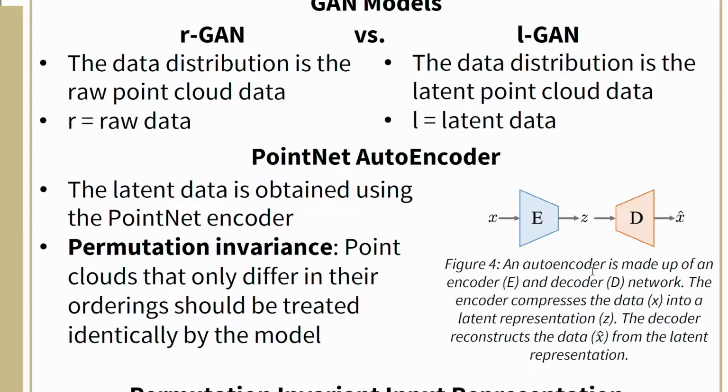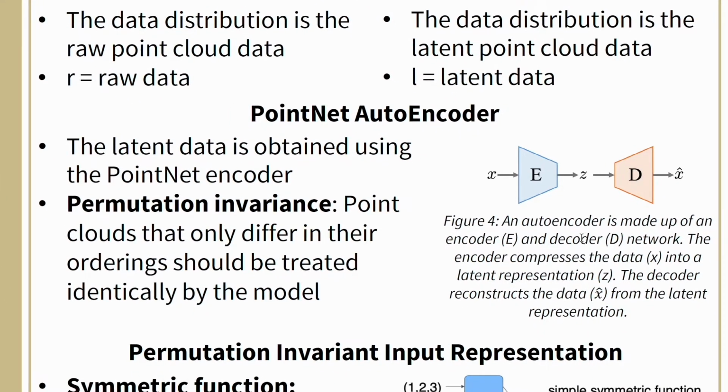So what that means when we're working with autoencoders or generative models is that no matter what ordering of the input point cloud is given to the model, it should always represent this latent representation of the point cloud the same way. So PointNet is different from other autoencoders because it tries to enforce 2 different properties in order to maintain this permutation invariance guarantee.